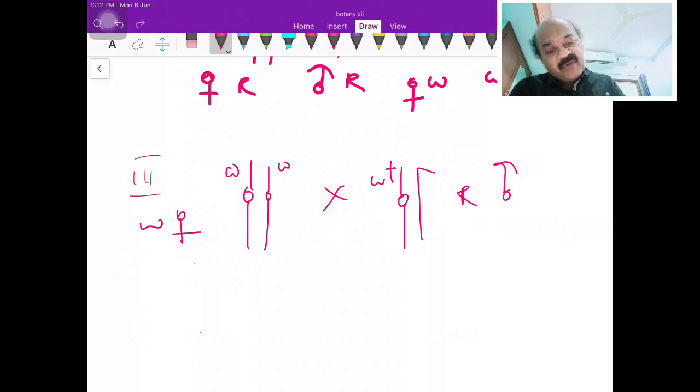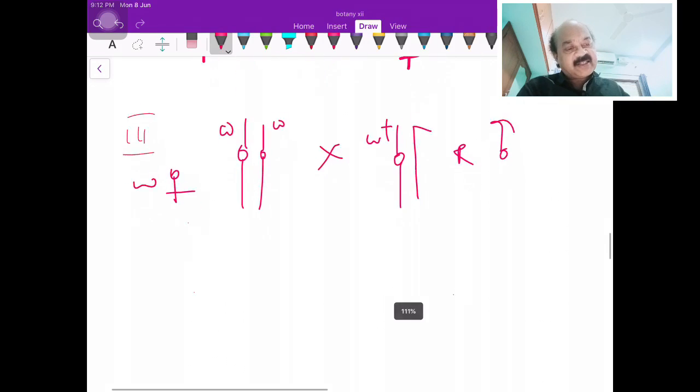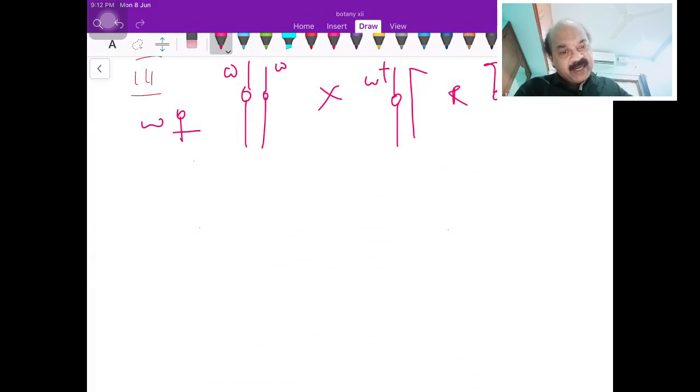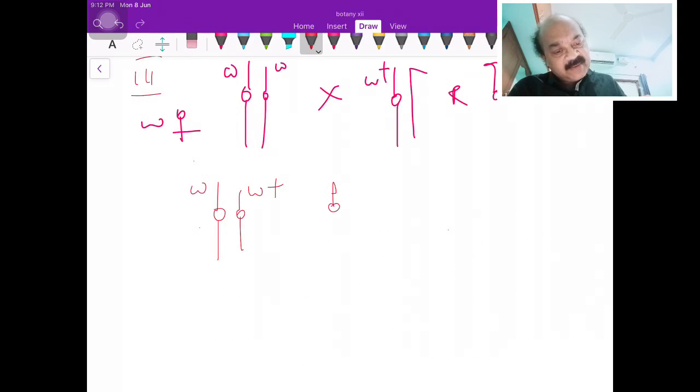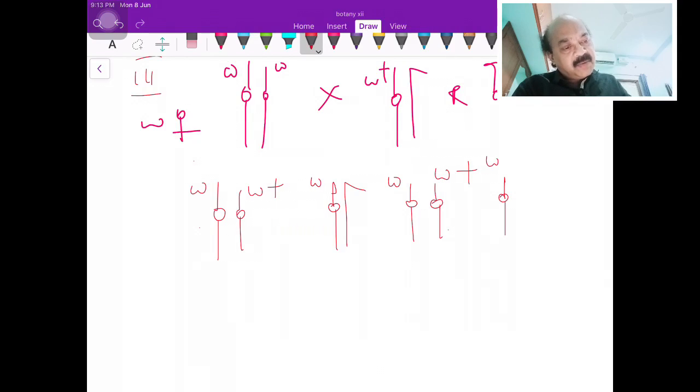It is exactly reverse to the first cross, and you get the progeny W plus W, W Y chromosome, W plus W, W Y chromosome.